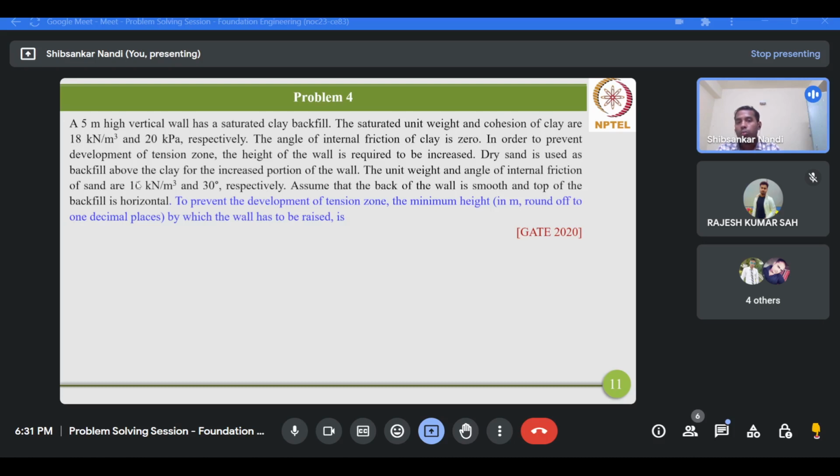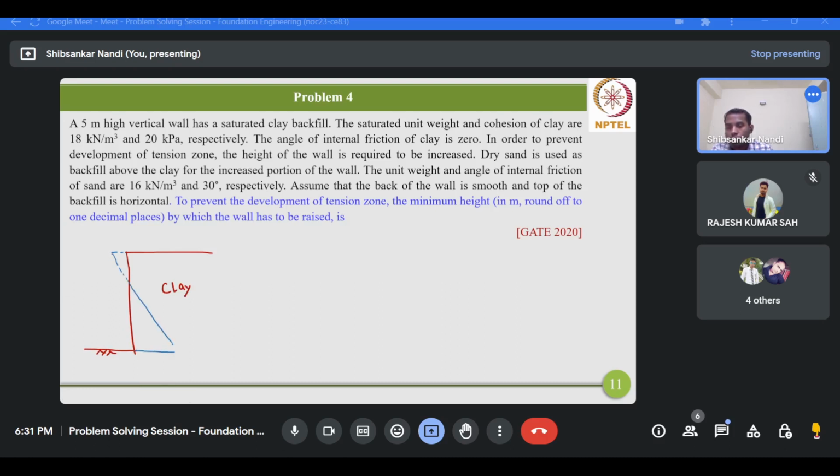So one of those remedial measures is talked about in this problem, that a 5-meter vertical wall, it's basically retaining a clay backfill, saturated clay. So obviously there would be the active earth pressure distribution like this.